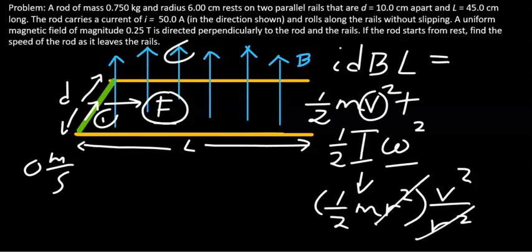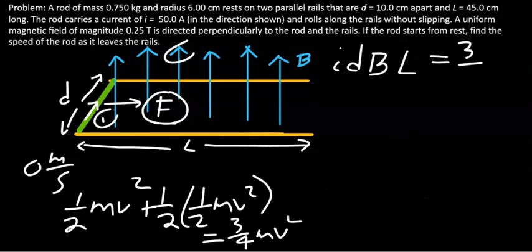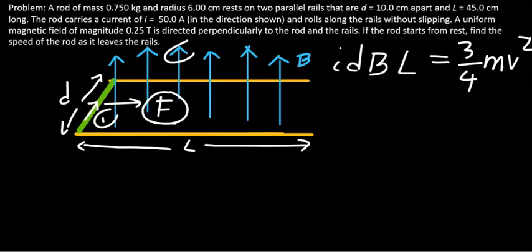So the right-hand side of that work energy theorem is half mv squared plus half mv squared. And that is just 3/4 mv squared. So let's put that on the right-hand side, 3/4 mv squared. Now let's put all the numbers in.